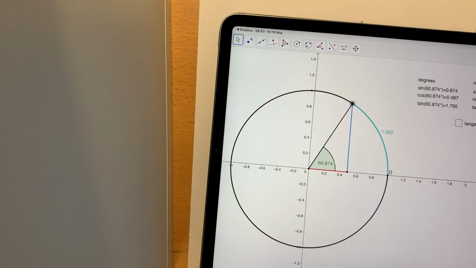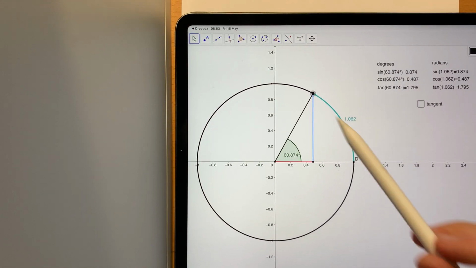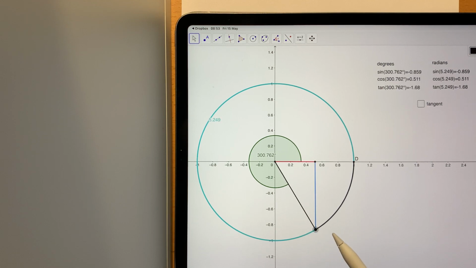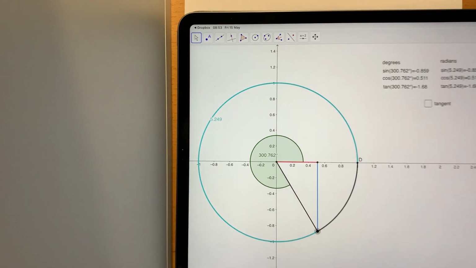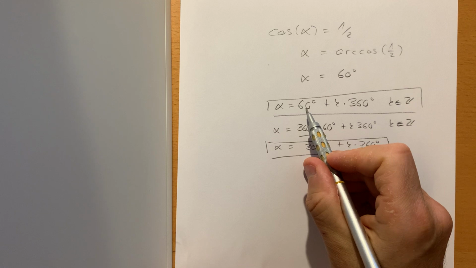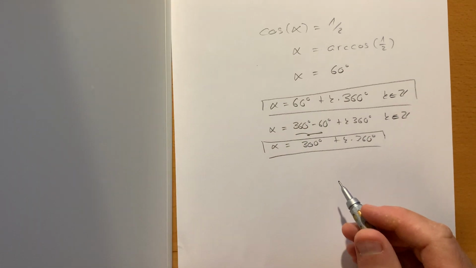Let's just move this around a bit. And it's 0.5 at 300 degrees. Look, 300 degrees is in fact minus 60 degrees. So oftentimes we don't write what we've just written. We don't write 60 degrees and 300 degrees. We just do this.